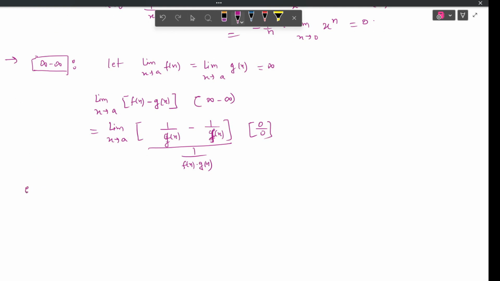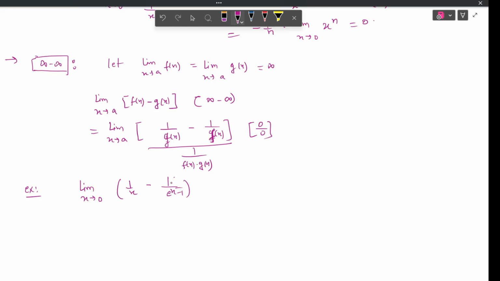So let us see one example. We have to evaluate limit x tends to 0, 1 by x minus 1 by e to the power x minus 1.